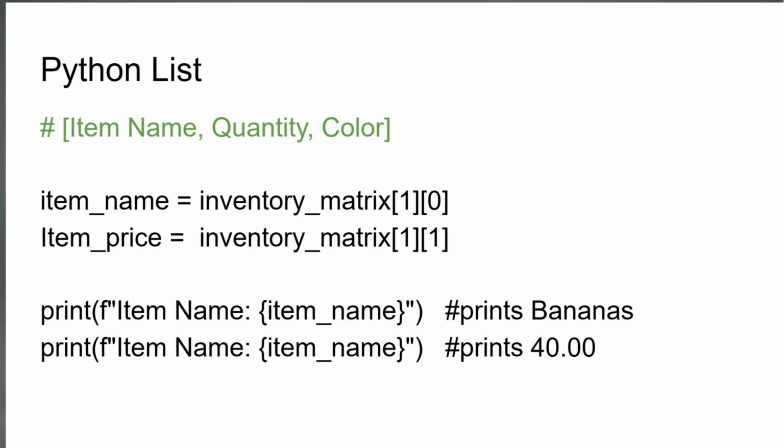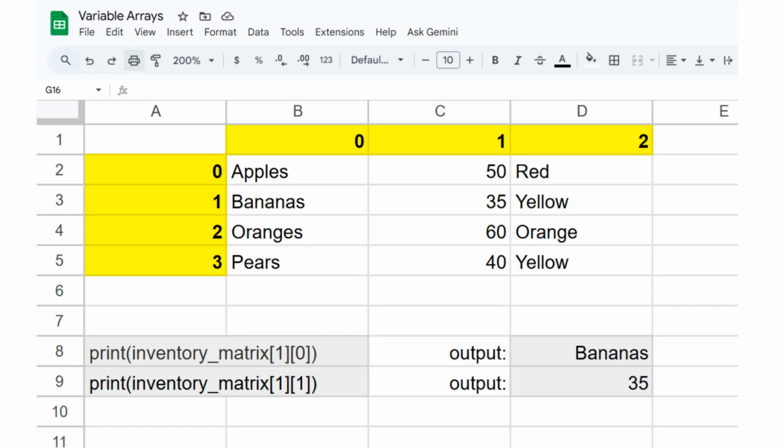So now that you have this matrix, if you want to access one of those items, for instance, item name is inventory matrix 1, 0, and price is inventory matrix 1, 1. If we go back to the original where we put them, row 1, column 0 is bananas.